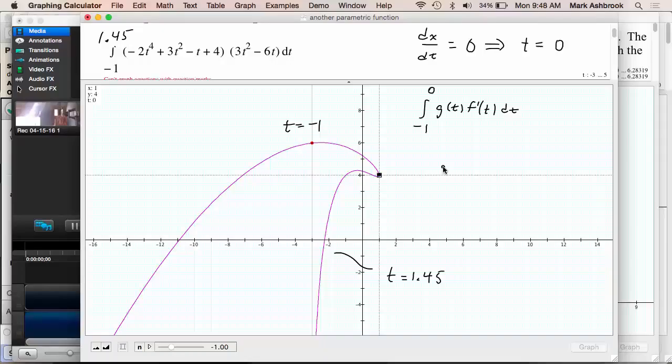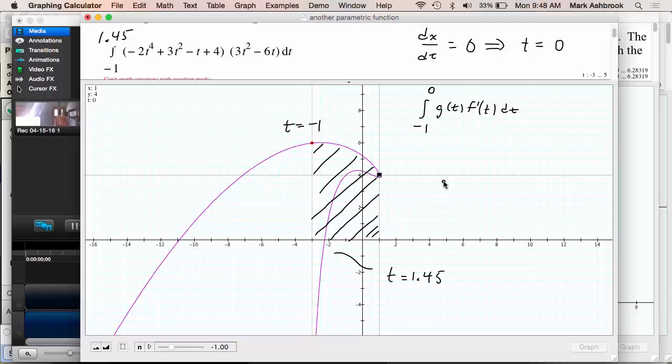So that's straightforward, right? We know we'll get the area below that part of the curve down to the x-axis. And then down here, it'll just be bounded by the vertical line. Looks like x equals 1.